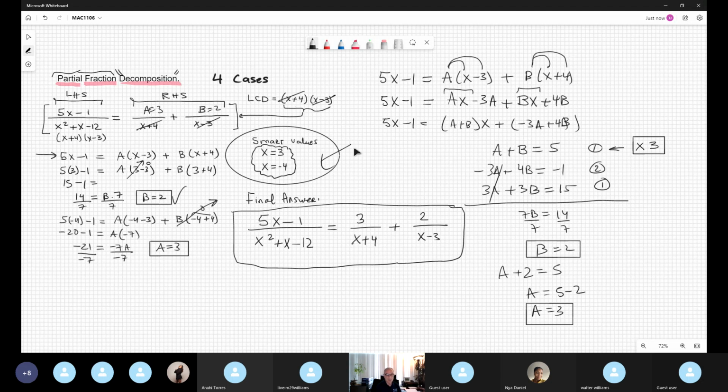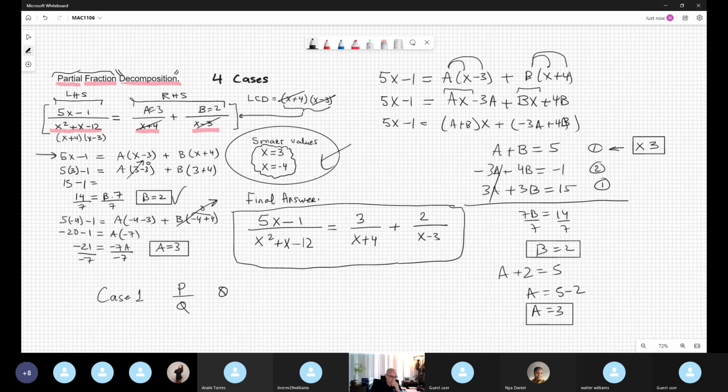So this is the first scenario, case number 1, in which the polynomial in the denominator contains a linear non-repeated factor. Remember the notation that we're using in the rational function of p divided by q, no?